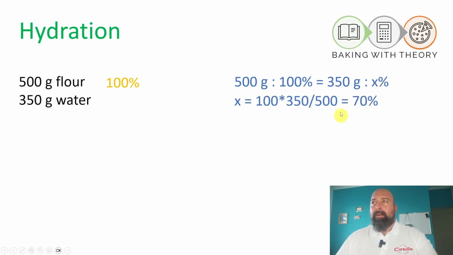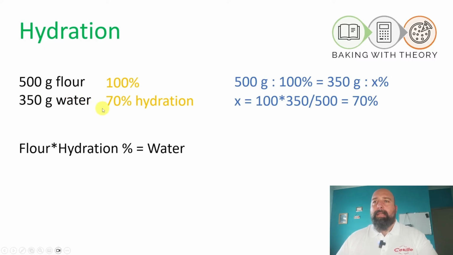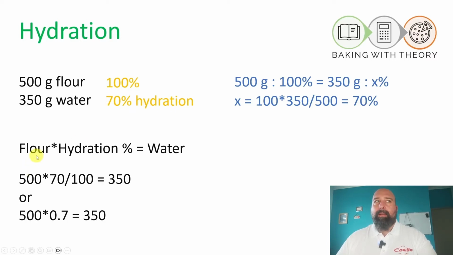If you remember from school, you need to multiply 100 times 350 divided by 500, and we are going to get 70% of hydration. This is the calculation when you already know the water, but let us say that we are going to make a new recipe, and in that case, if we want to calculate how much water, knowing the hydration, we will use the formula saying that the flour times the hydration percentage is equal to the water.